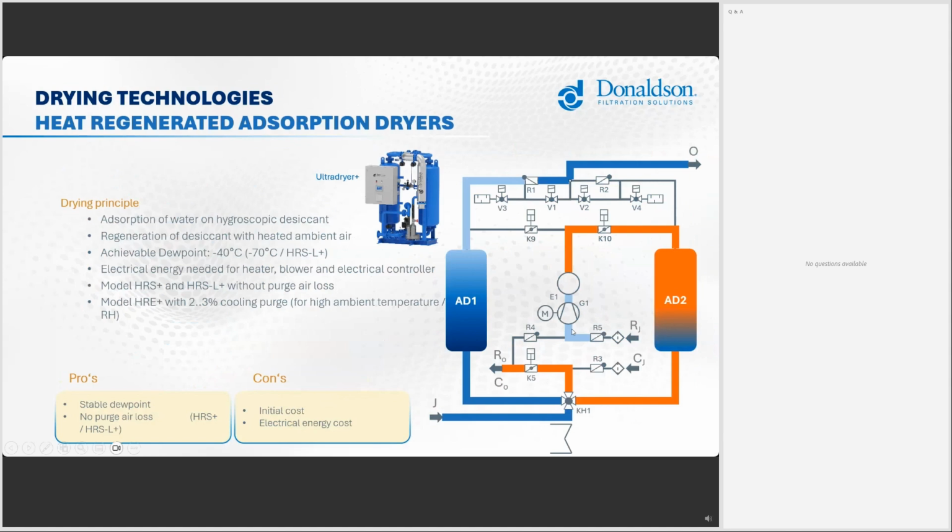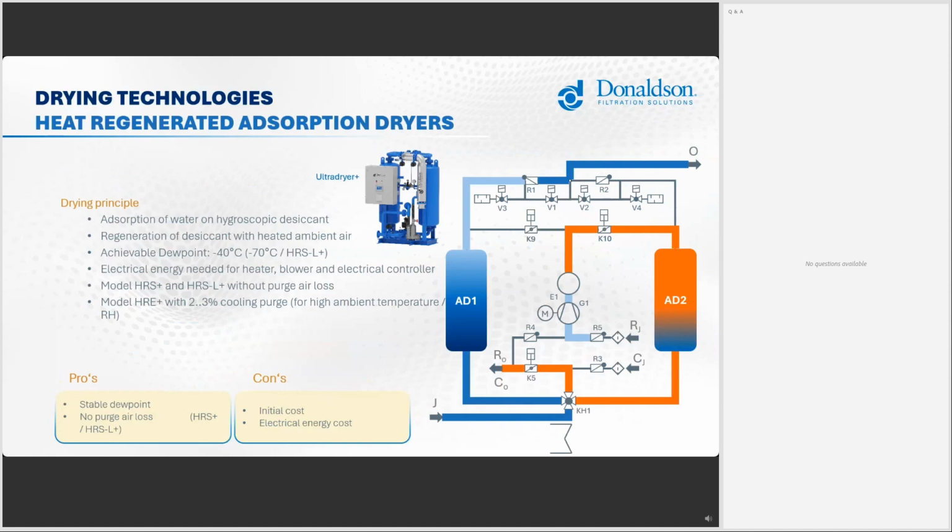Here the regeneration of the desiccant is not done with a portion of dry air, but with ambient air. Ambient air is sucked in by a blower and heated up by a heater, and then due to the heat, the water evaporates from the desiccant, and it's ready for the next drying cycle. No compressed air is lost here.